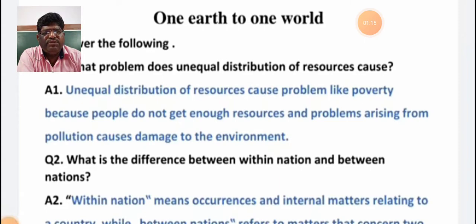Yes, unequal distribution of resources brings problems like poverty, and the resources are not equally distributed among the people. The people who are weak cannot compete with the people who are strong.